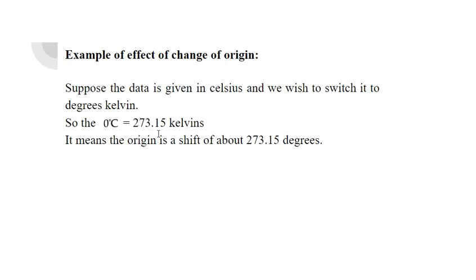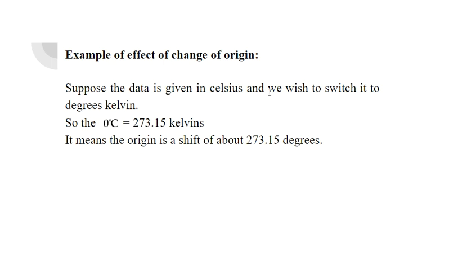So let's have an example of the effect of change of origin. Suppose the data is given in Celsius and we wish to switch it to degrees Kelvin. So 0 degree Celsius is nothing but 273.15 kelvins. It means the origin is shifted by about 273.15 degrees.